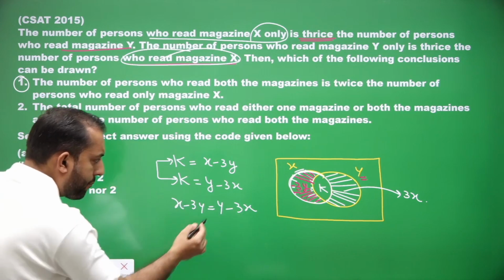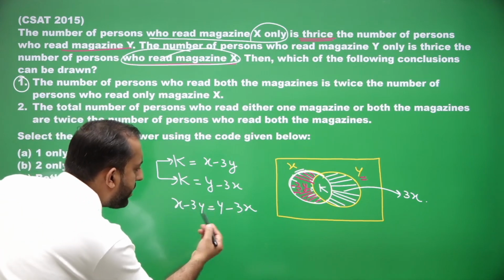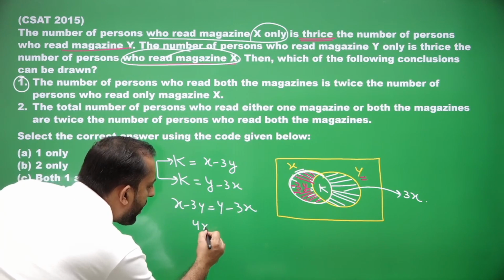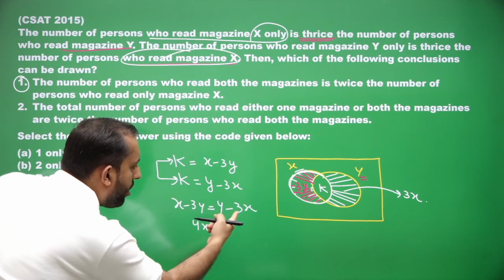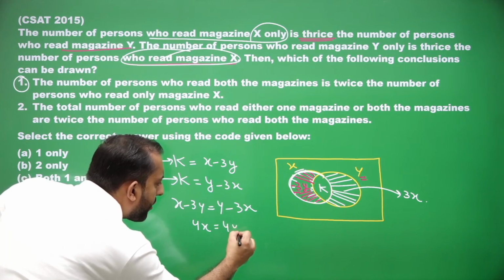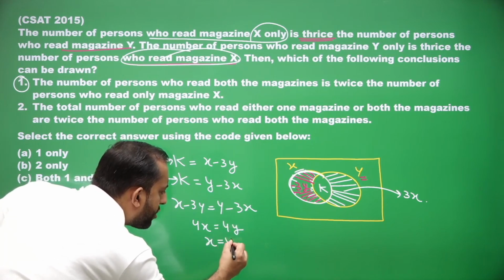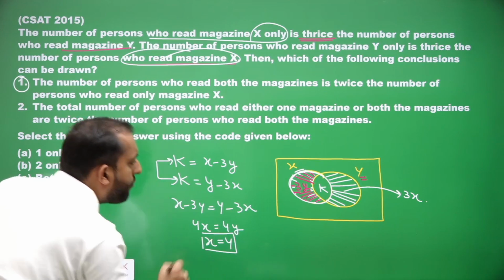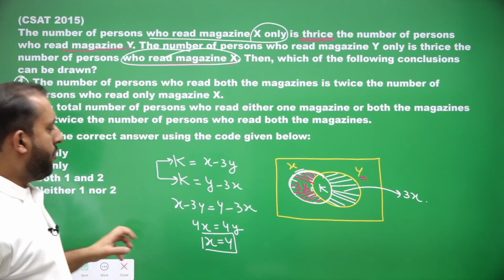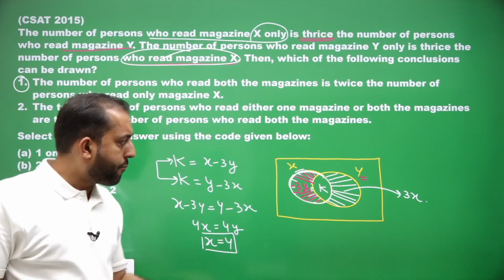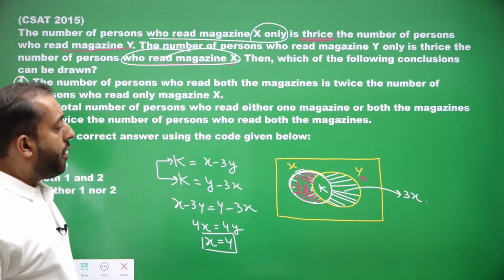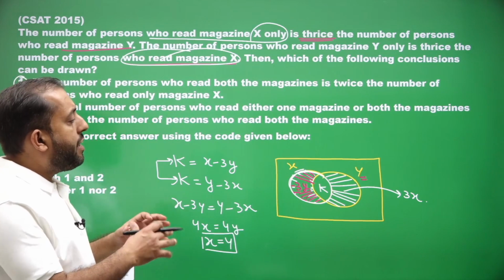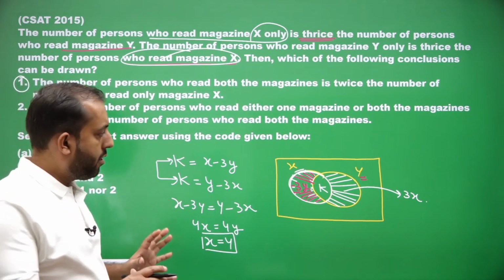Solving it further, we get 4x equal to 4y, which means X is equal to Y.